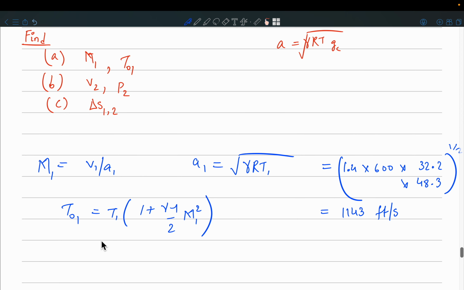And what is T0 value? T01. You can keep it in Rankine itself. T1 is known, 600 degree Rankine. So what is M1 first?